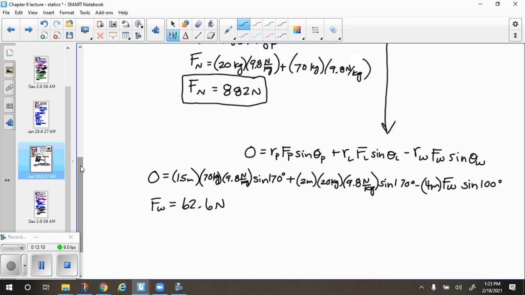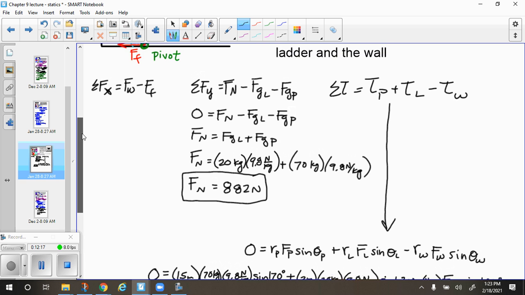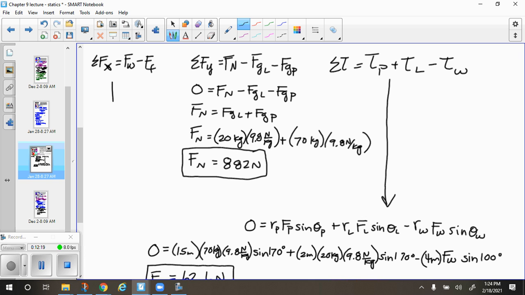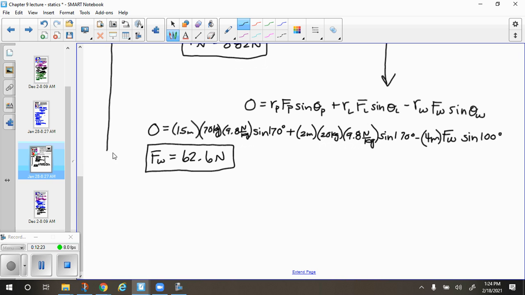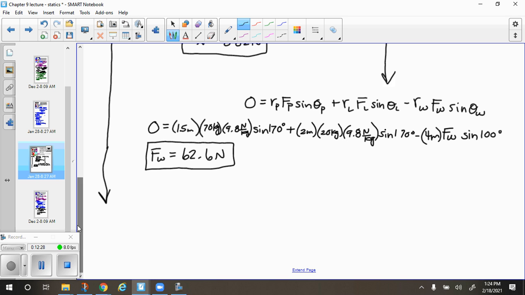Now, once you have the force of the wall, then we can use the net force equation in the x direction. There are only 2 forces in the x direction, the force of the wall and the force of friction. We can say that 0 is equal to the force of the wall minus the force of friction. And then we know what the force of the wall is, so force of wall is equal to force of friction.